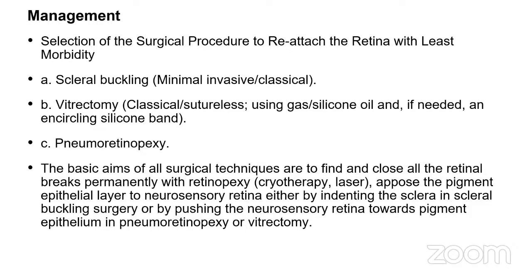Usually there should be a single break located superiorly, because after we inject the gas, due to buoyancy, gas will go superiorly, and strict positioning is required so that the injected gas will lie exactly opposite to the break, so that perfect tamponade is provided. So a single break located superiorly with no other intraocular complication noted are the good candidates for undergoing pneumoretinopexy.